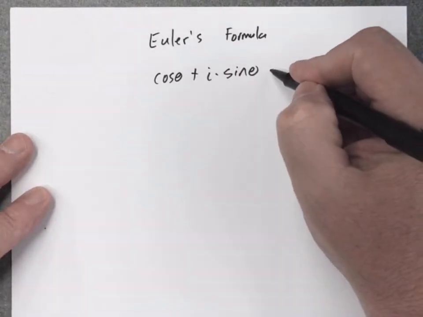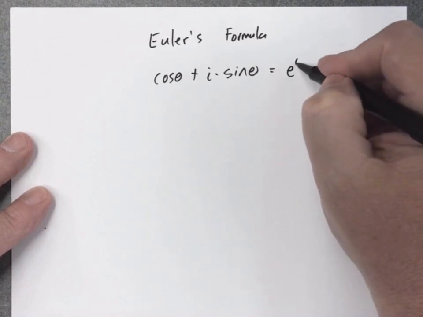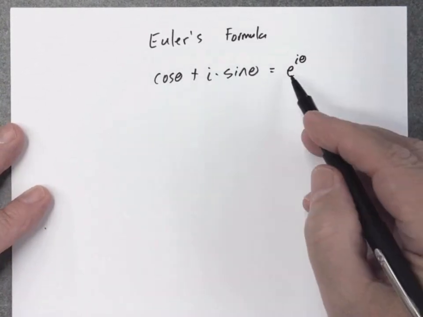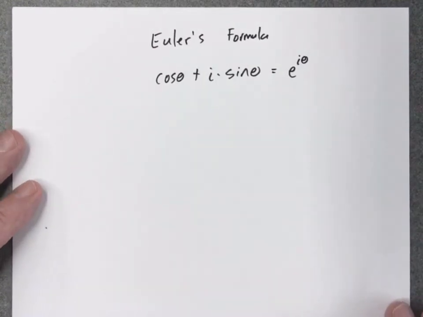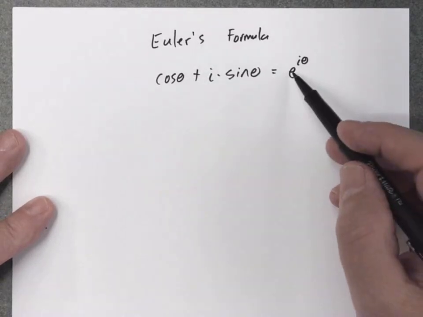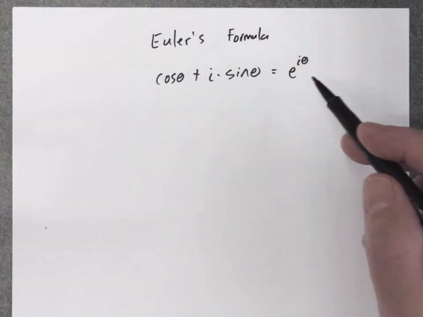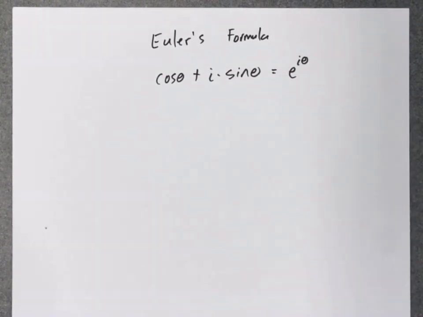He discovered that this is equal to e to the i theta. e is the natural exponential number. If you recall back in algebra, this is like the natural exponent. e equals around 2.7. It's just one of these special numbers in math. So Euler discovered this.